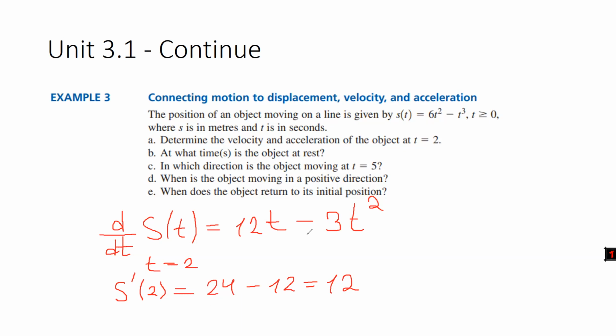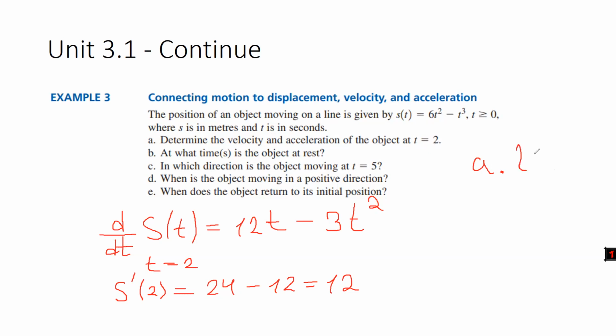You got it? No, I have to write the question note. How would you write this in short notation? In my copybook, I would write question A, and what is asked? Determine the velocity and acceleration of the object at t equals 2.